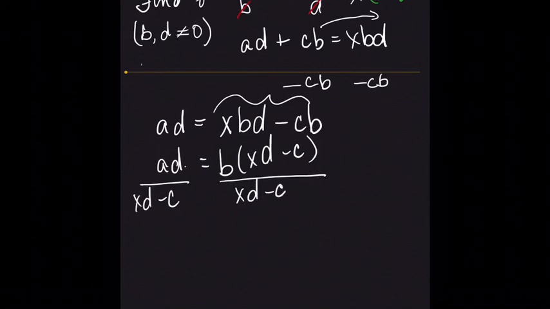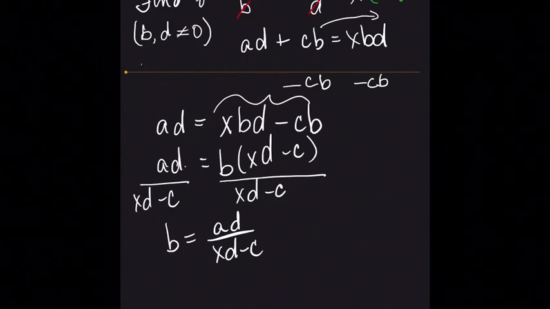So we are left with b equaling AD over xd minus c.